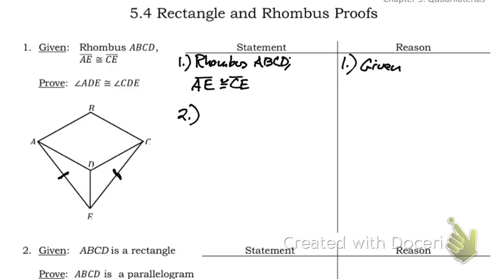I need to get to angle ADE. Let's focus where ADE is. So I want to prove that this angle here is congruent to that angle there. All right. Who has an idea of how we could do that? Yeah, Labib.